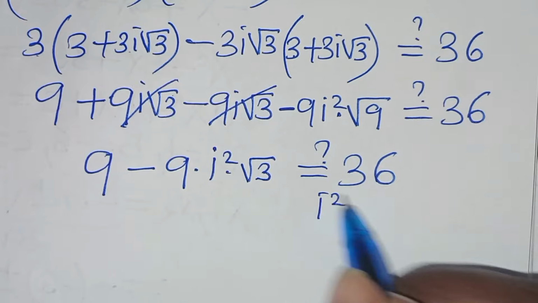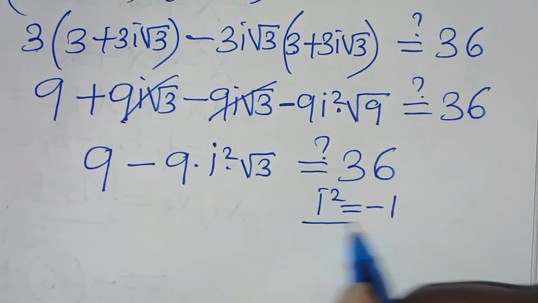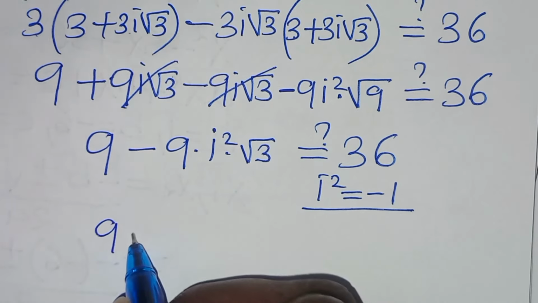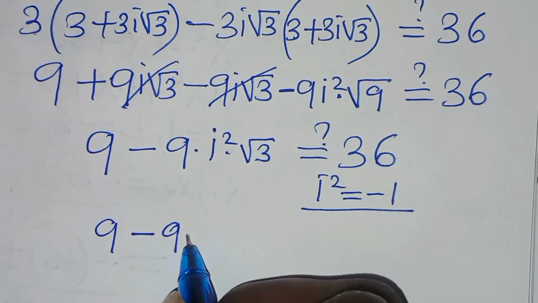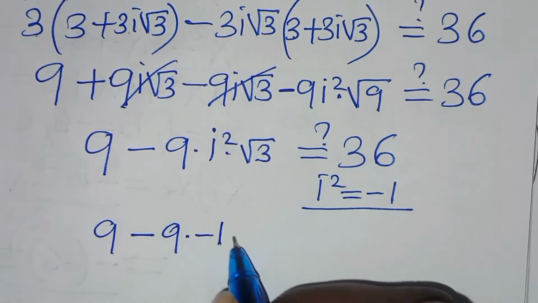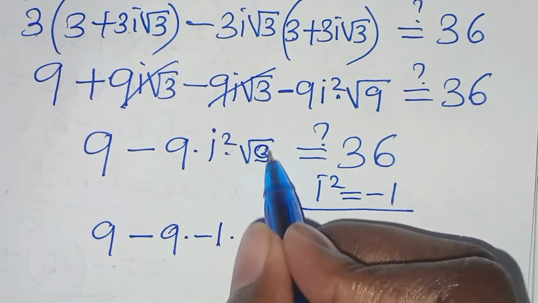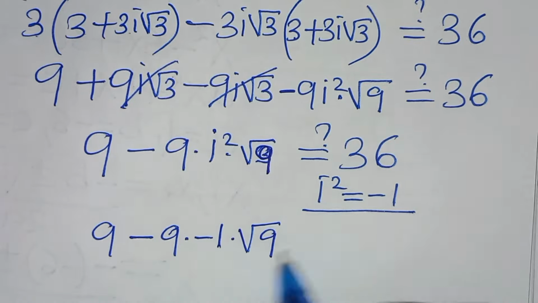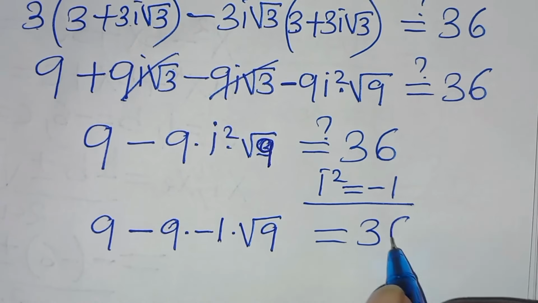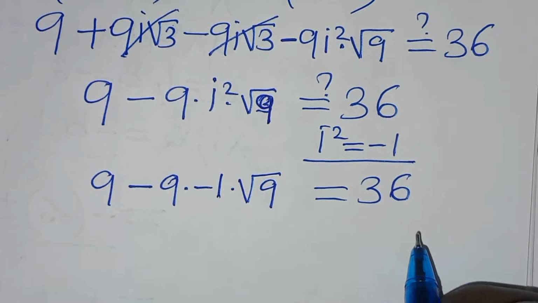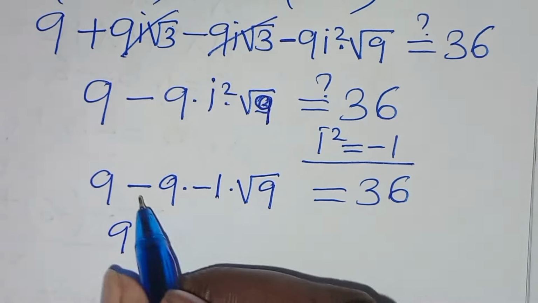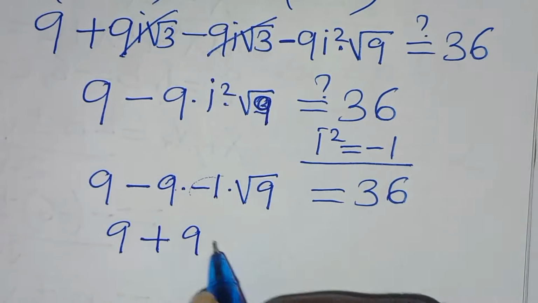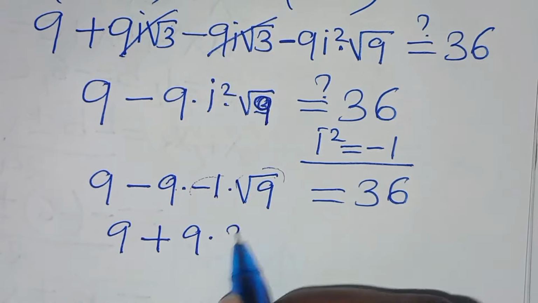Remember, i squared is the same thing as minus 1. Substituting this, here we have 9 minus 9 times minus 1 times square root of 9. So we have square root of 9 here. This should give us a value of 36. So this is 9 minus 9 times minus 1. This is plus 9 times square root of 9, which is 3.